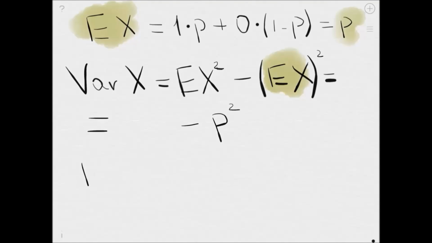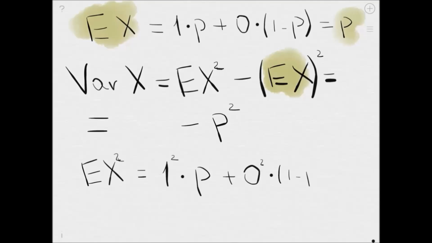Now, to calculate expectation of x squared, we need to add squares of our outcomes multiplied by their probabilities. So it's equal to 1 squared multiplied by p plus 0 squared multiplied by 1 minus p. And again, it's also equal to p.